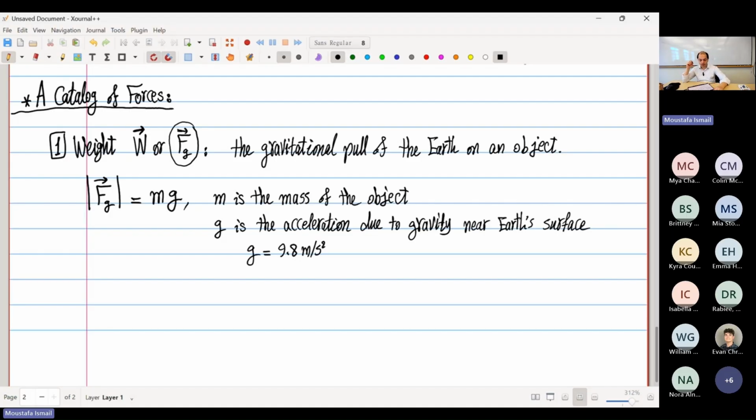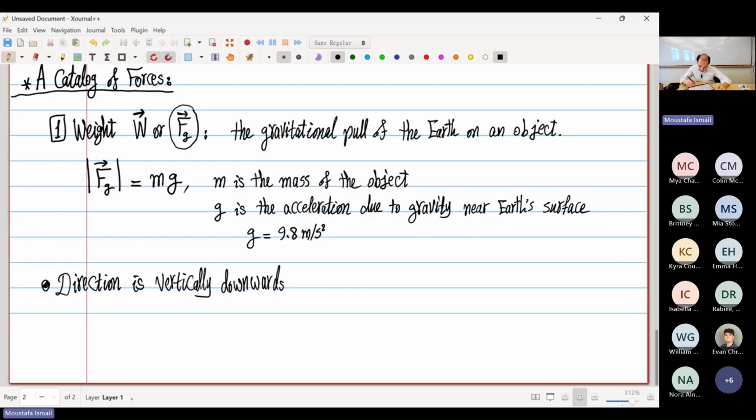If forces are vectors, we can't just mention the magnitude and not direction. So the direction of the weight is vertically downwards. This is towards the Earth. If we take the positive direction to be up, then the gravitational force as a vector is negative mg along y hat.